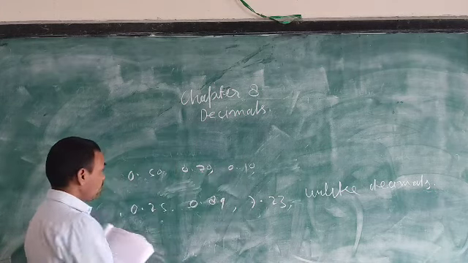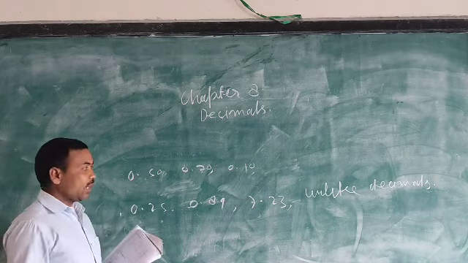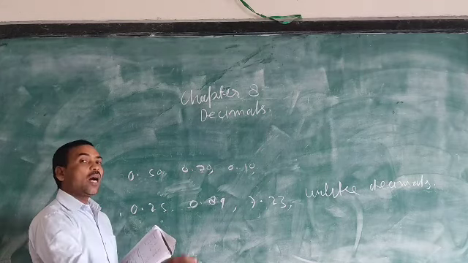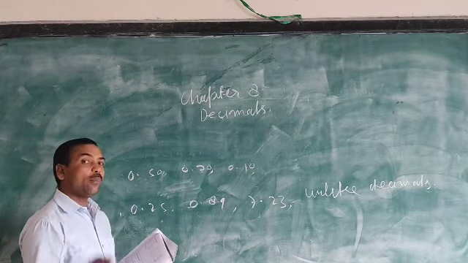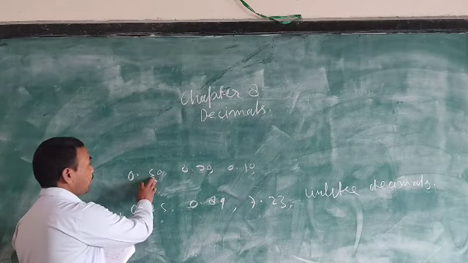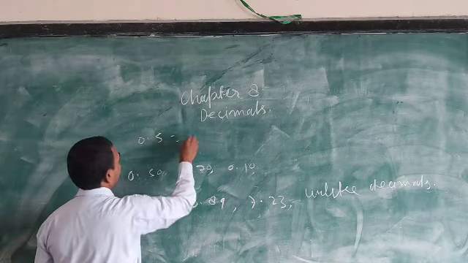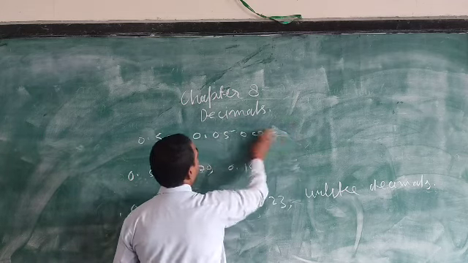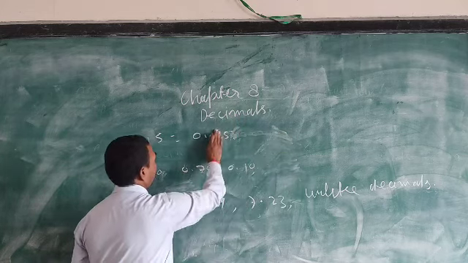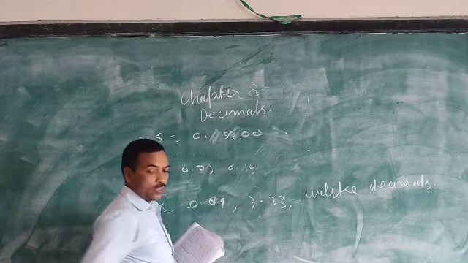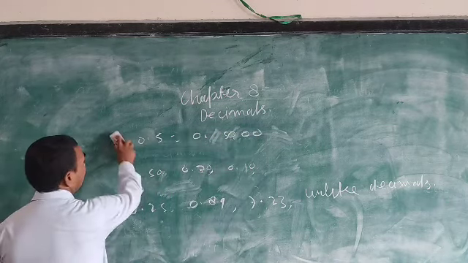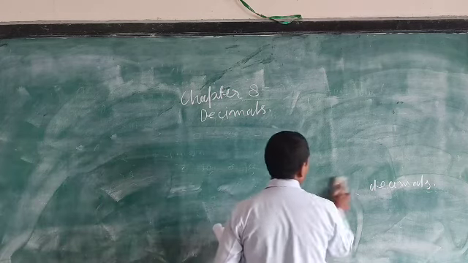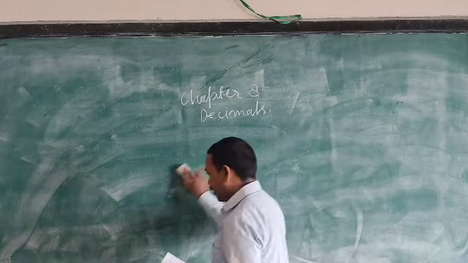So now these are like decimals. So any unlike decimals can be converted to like decimals by adding the number of zeros at the end. The value of 0.5 is the same as the value of 0.50, and you can write any number of zeros at the end of the decimal. So you can easily convert unlike decimals into like decimals by writing zeros at the end of decimal numbers.